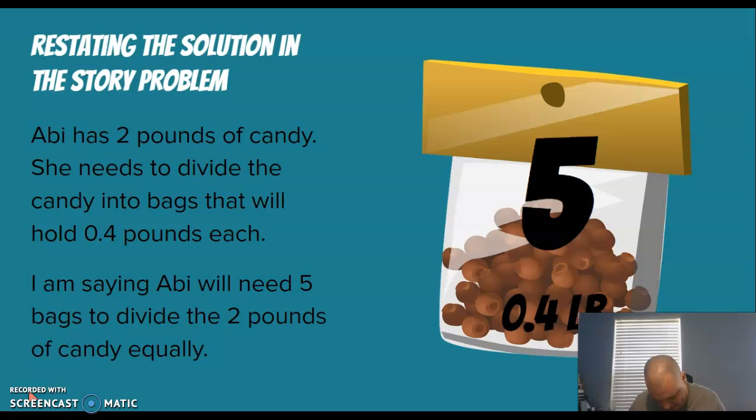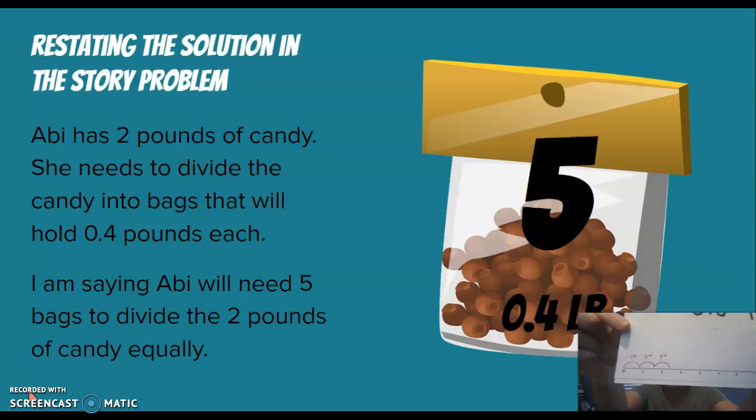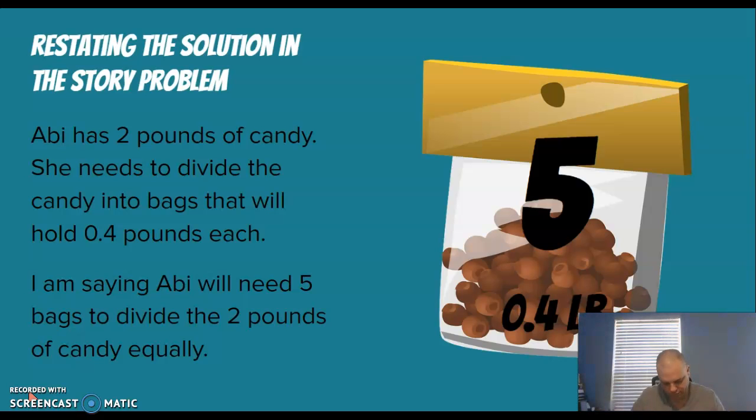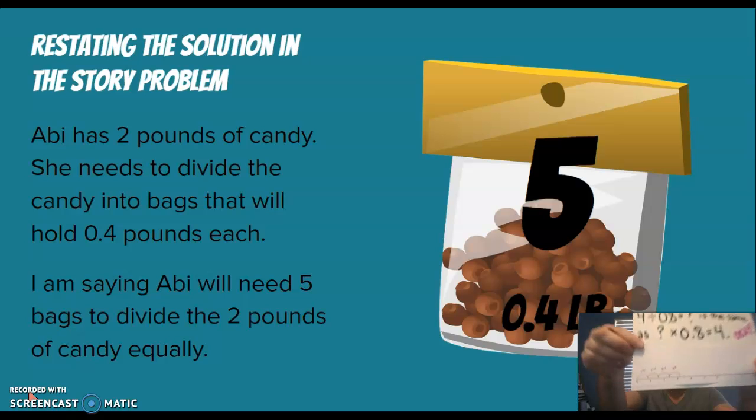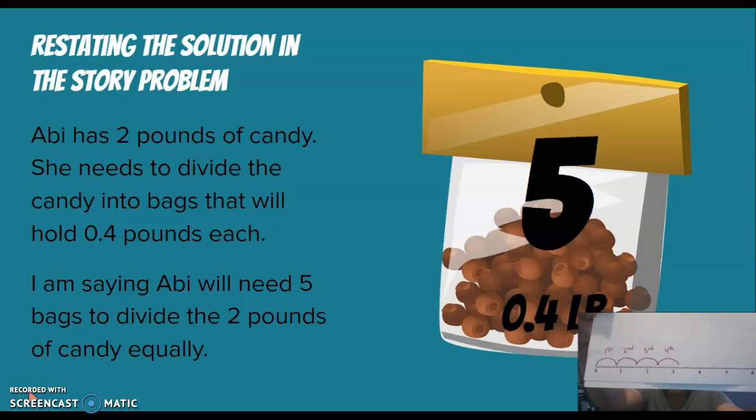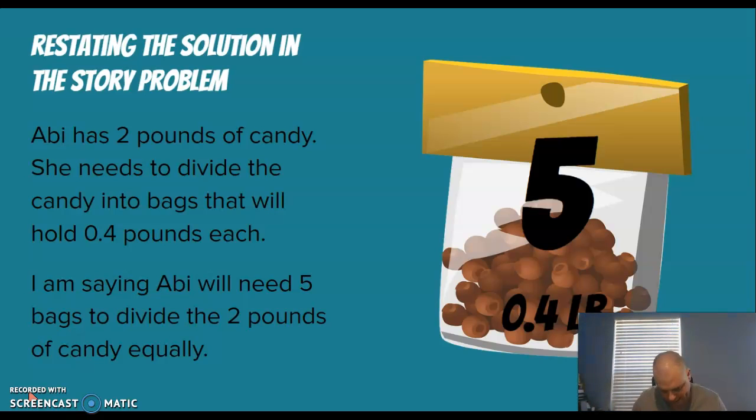It will be my third hop. I'm going to repeat that again for my fourth hop. So right now I'm at 3 2/10. One more hop should get me to 4.